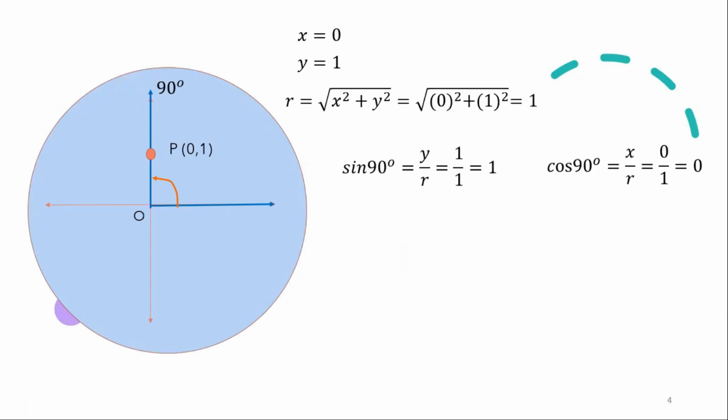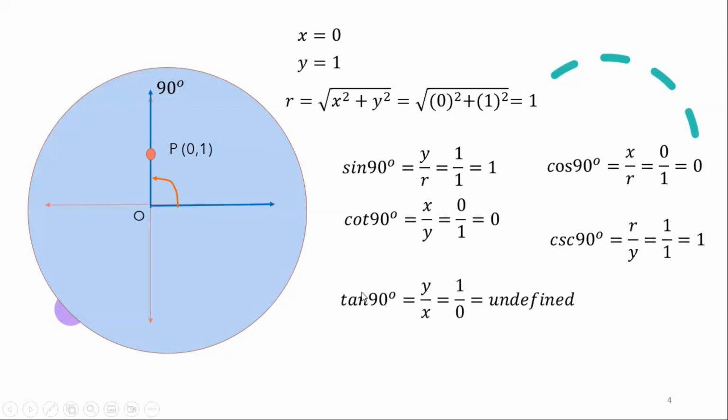Cosine of 90 degrees is 0. Cotangent of 90 degrees is 0. Cosecant of 90 degrees is 1. Tangent of 90 degrees is undefined since it's 1 over 0. And secant of 90 degrees is also undefined since r over x is 1 over 0.